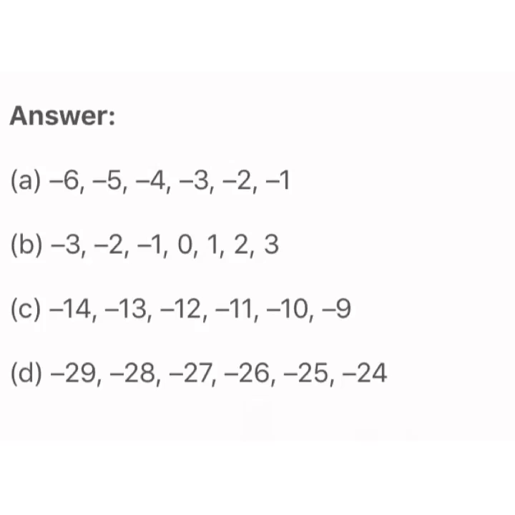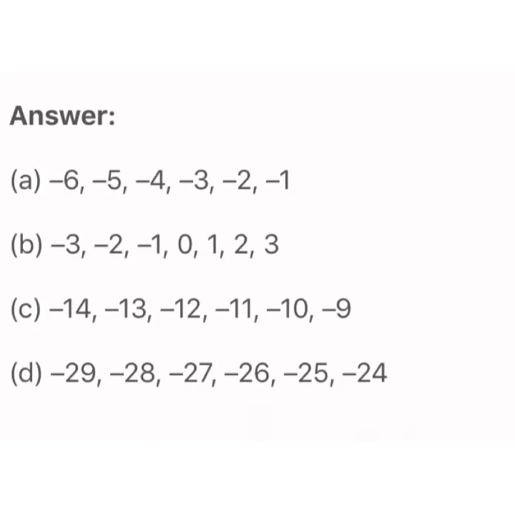Then the next one is minus 8 and minus 15. So now the integers in increasing order between minus 15 and minus 8 are minus 14, minus 13, minus 12, minus 11, minus 10 and minus 9. Now the last one is minus 30 and minus 23.